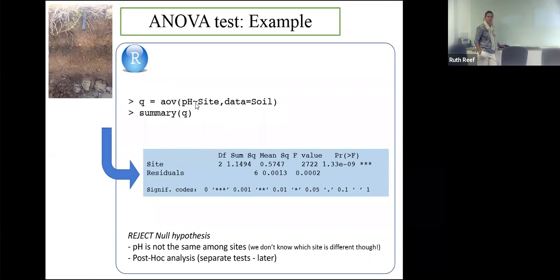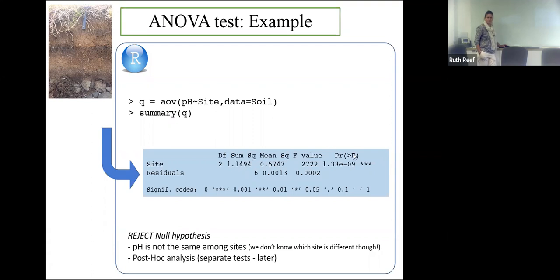Right? So if I go pH as a function of site, and I ask for a summary of this ANOVA, what I'll see is the site has 2 degrees of freedom. Why? Because we have 3 sites, we take 1 away.